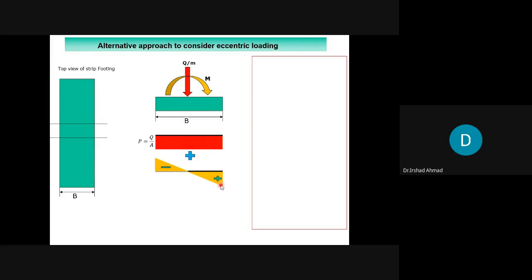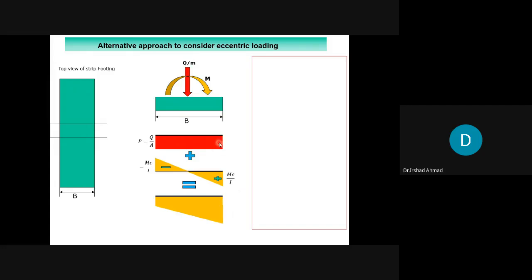This is MC over I, the same old equation that you use in the beam. You sum these two up and you will get the final stress.